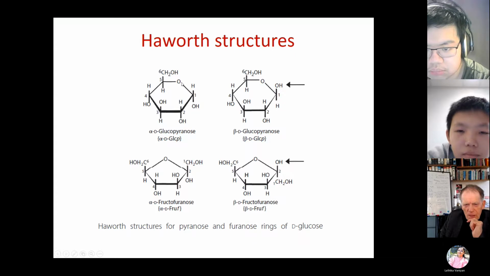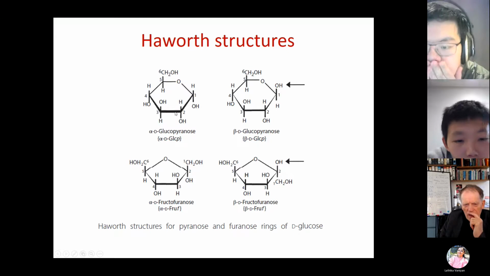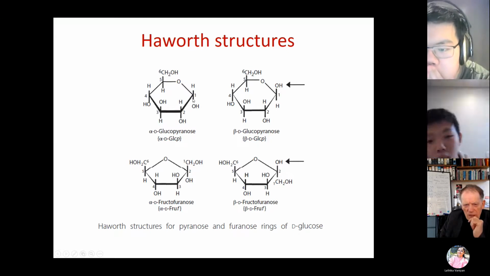Many students forget to include the ring oxygen when drawing sugar structures. If they forget the ring oxygen, then they end up with probably a sugar alcohol, which is not normally the case. So don't forget the ring oxygen when showing the structures.